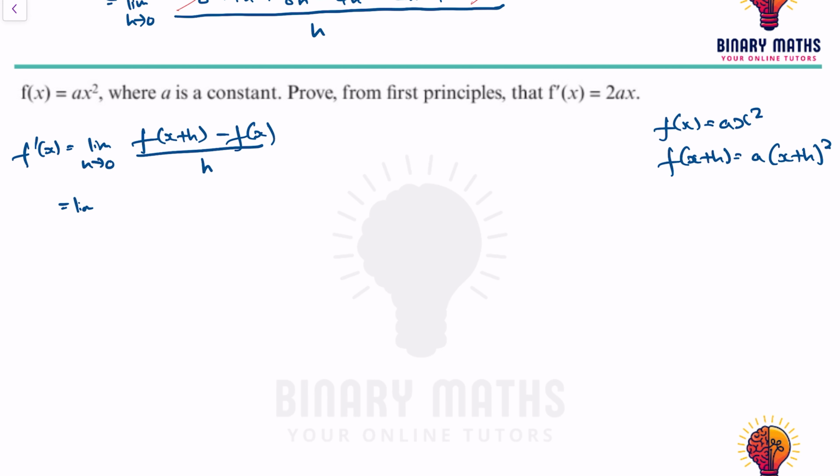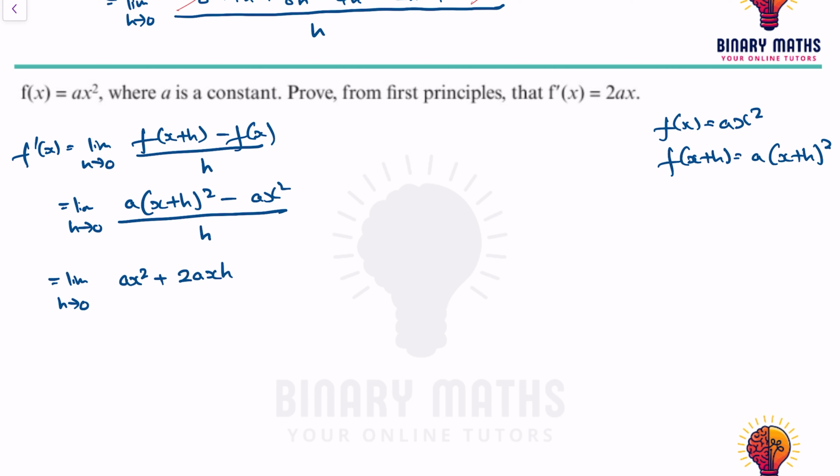So it's the same thing as the limit as h tends to 0 of a times (x plus h) squared minus ax squared, all over h. If I expand (x plus h) squared and then multiply it by a, I get ax squared plus 2axh plus ah squared, minus the ax squared from the term at the end, all over h.